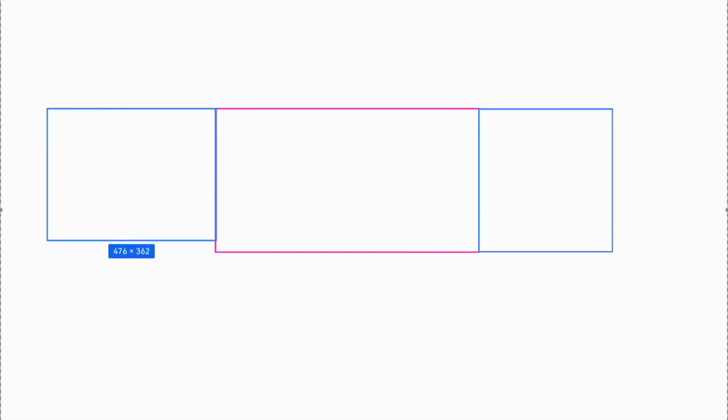Let me draw. In the middle, we have a rectangle like this, and on both sides we have two squares like this and like this, and on top of that we have a triangle like this.